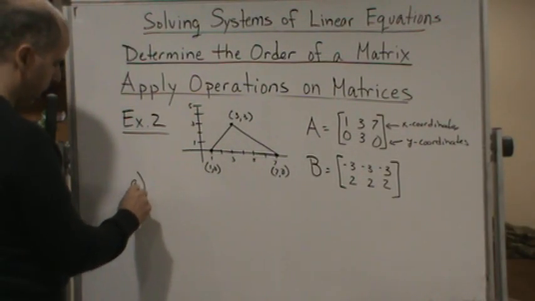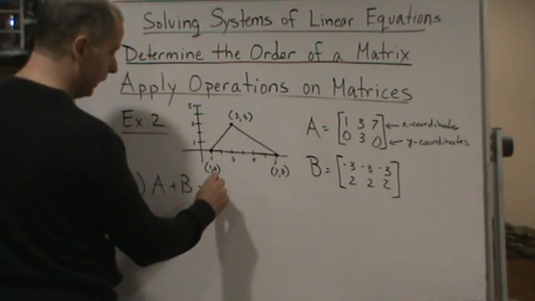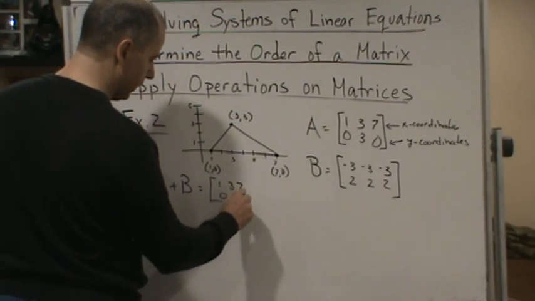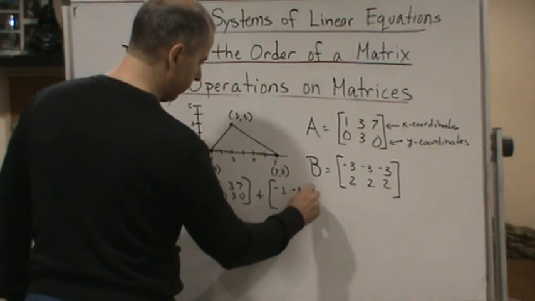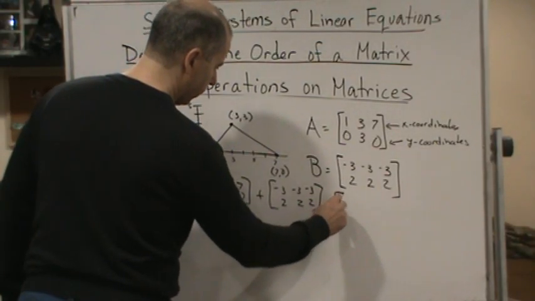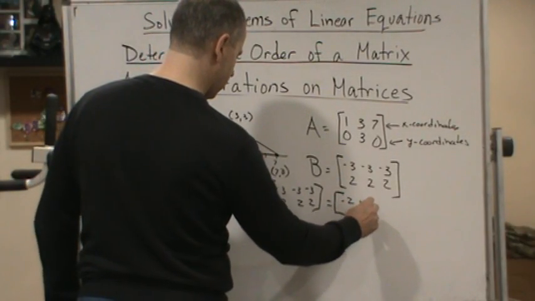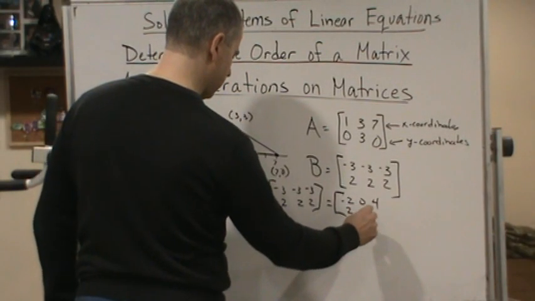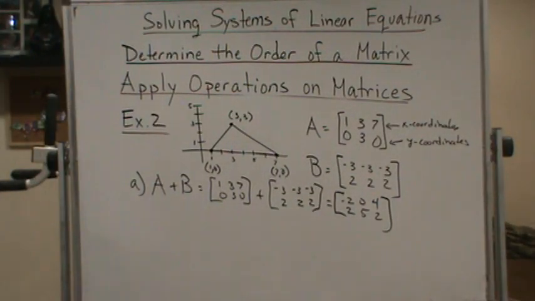So in this case for part A, we would just do A plus B, which would be equal to 1, 3, 7, 0, 3, 0 plus -3, -3, -3, 2, 2, 2. And then of course, it would just end up being -2, 0, 4, and then 2, 5, 2. And so that's that.